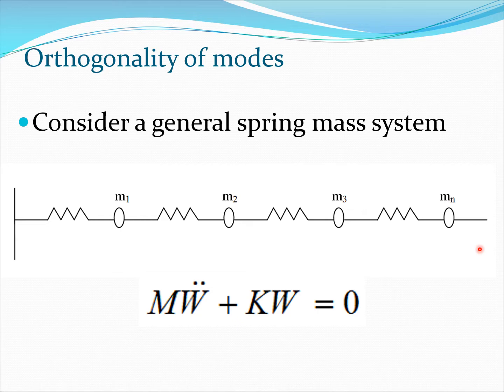And in the end, we know now that if we were to derive the equations of motion for this system, we are going to get a matrix differential equation of this form: M w double dot plus K w equal to 0. So that's a differential equation that has a size given by small n. So essentially M and K are the mass and stiffness matrices of the system, and w contains the degrees of freedom of the system.